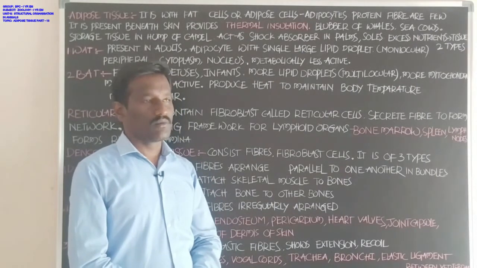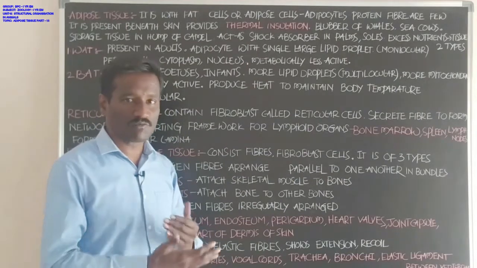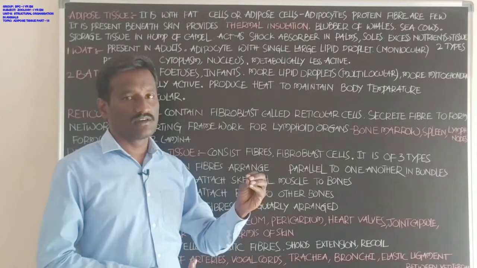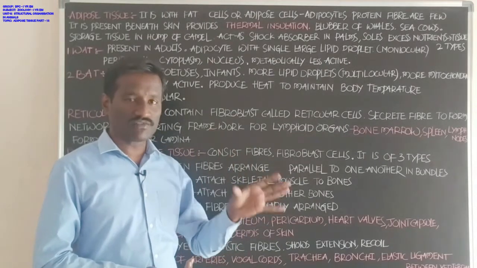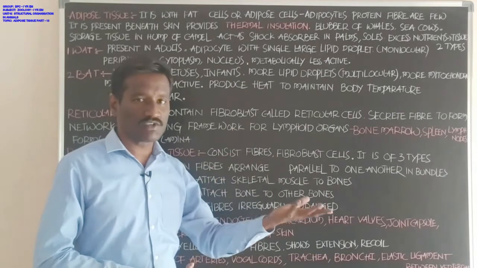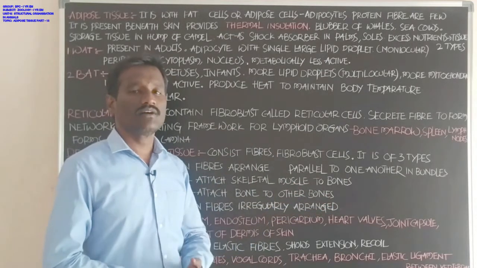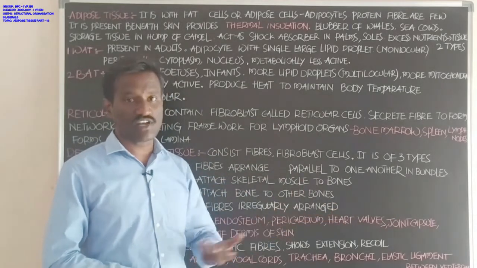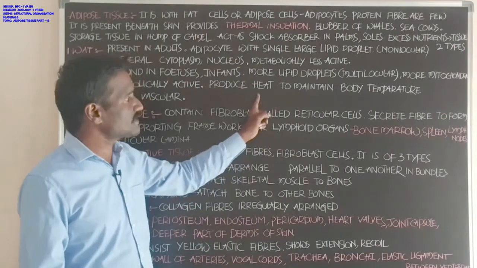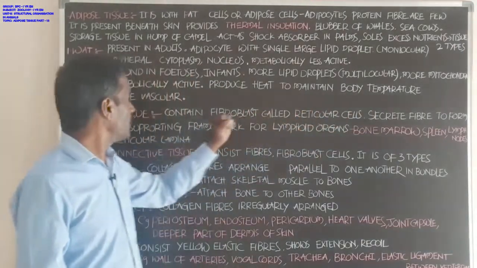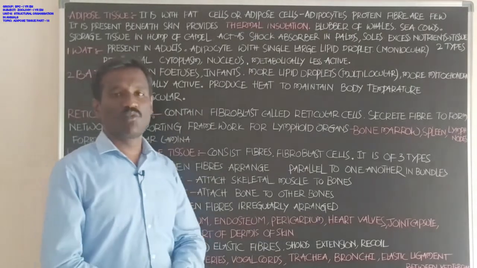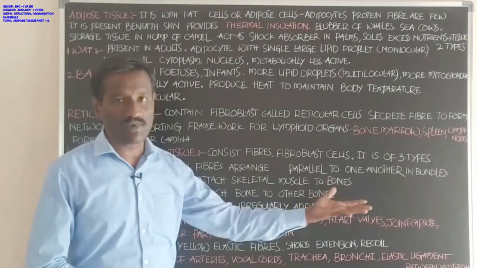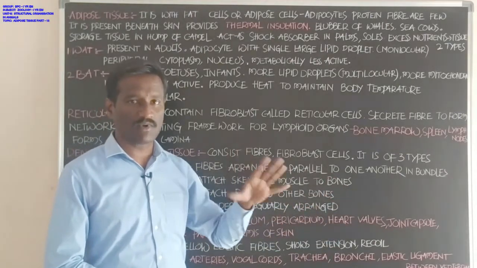More mitochondria release a large amount of energy, and metabolic processes are more active in these cells. While releasing energy, heat is also generated from the cell, and it helps to maintain body temperature. Student, it is more vascular, meaning many blood vessels and capillaries are present in this type of tissue.